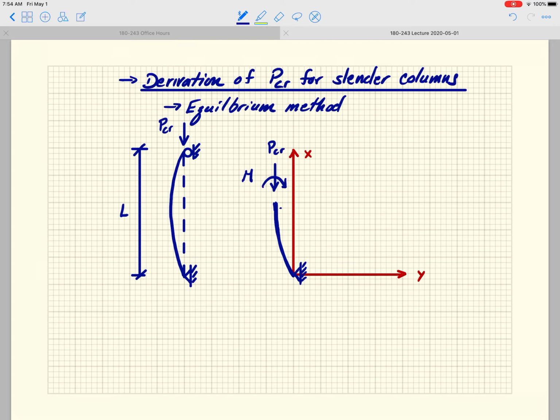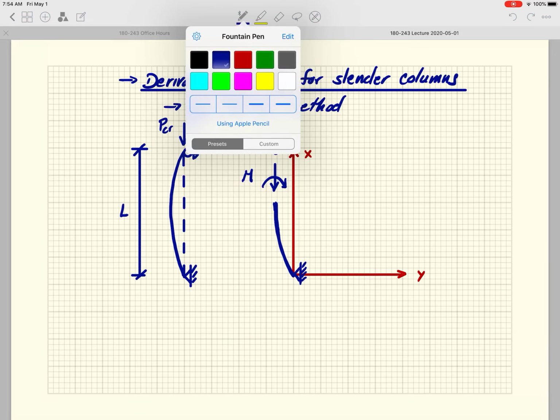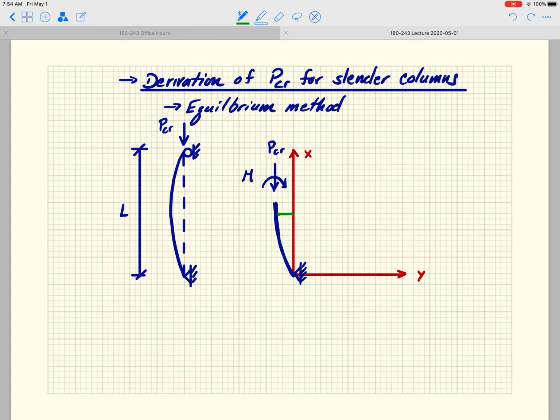So this deformation here, let me do it with green, is the deformed shape, right? So this is the lateral deformation.